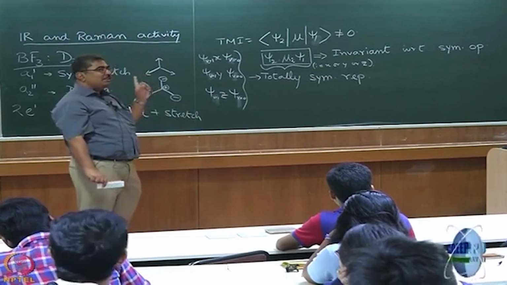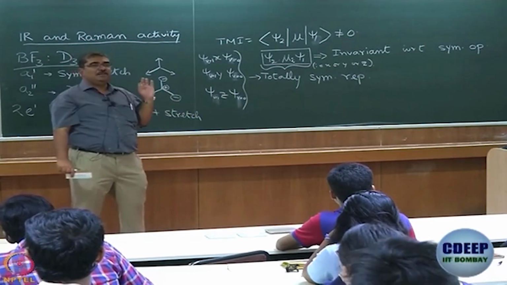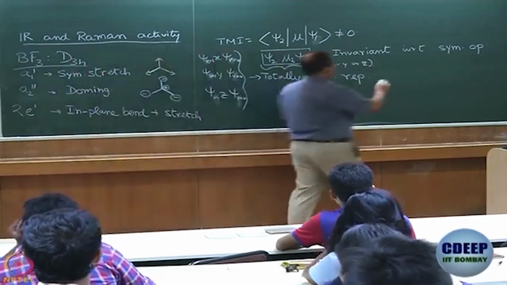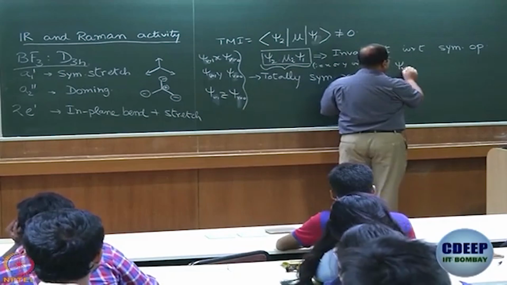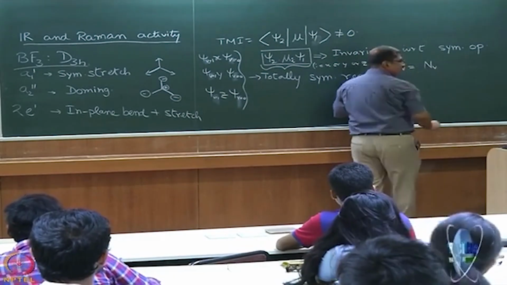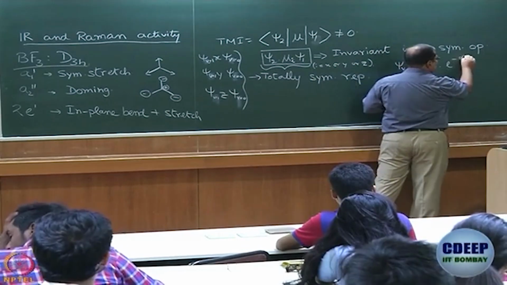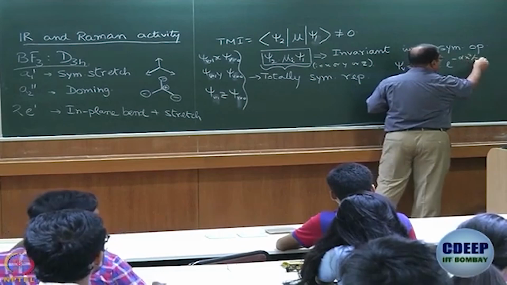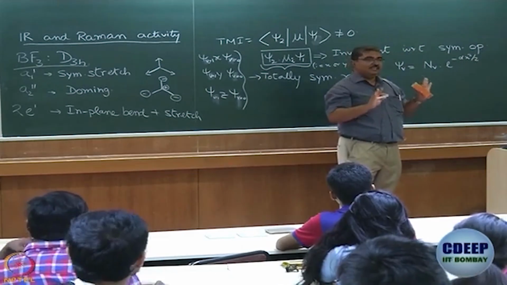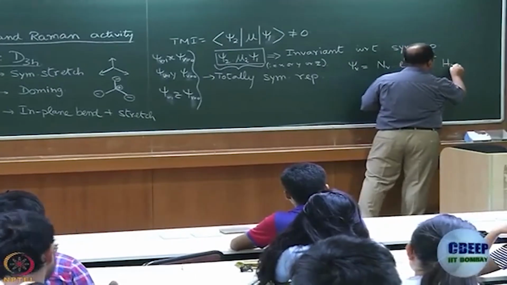Who can tell me what is the generic form for the wave function of a simple harmonic oscillator? What is psi v? I will start. Psi v is equal to N V multiplied by e to the power minus alpha x square by 2, and what is alpha? For our purpose, for now, alpha is a constant, we do not care. Multiplied by H V. What is H V?